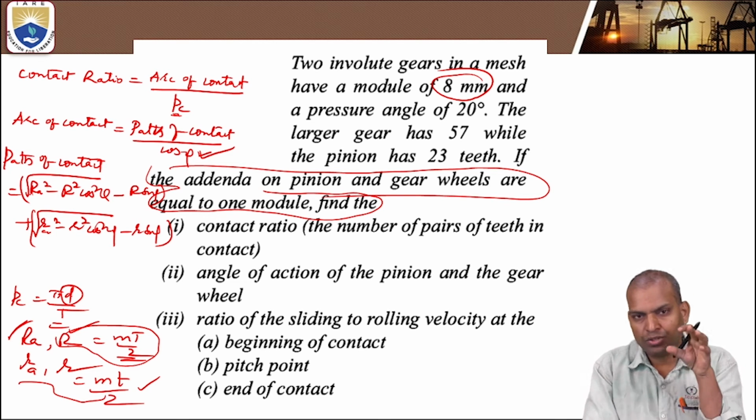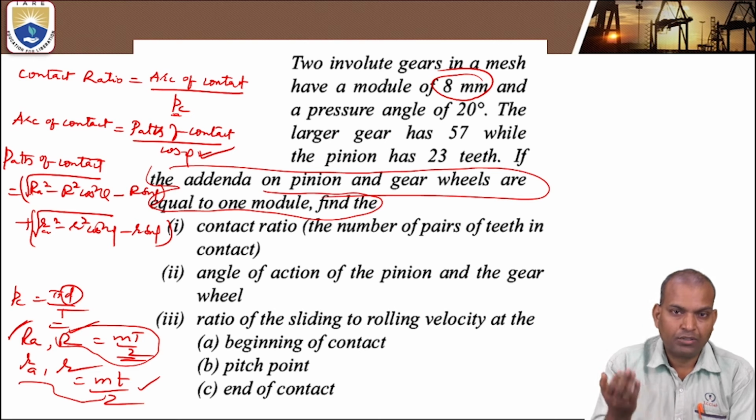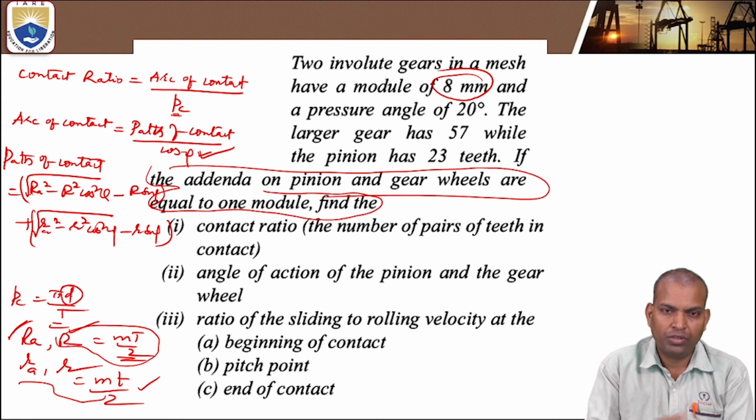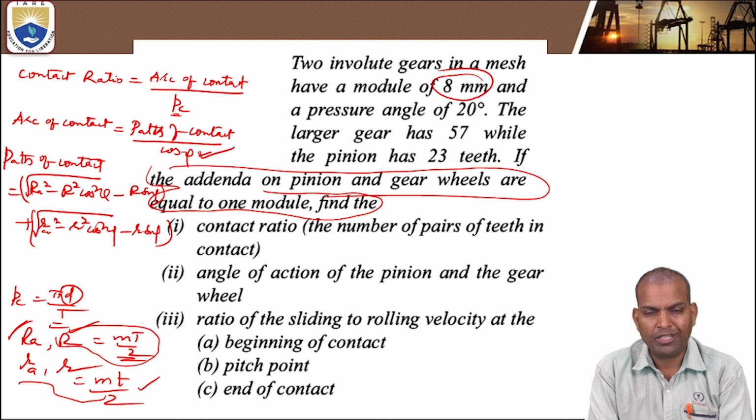The contact ratio involves arc of contact and circular pitch. Arc of contact involves the path of contact and pressure angle. Path of contact involves the radius of addendum circle and the pitch circle radii of both pinion and gear wheels, and also the pressure angle.